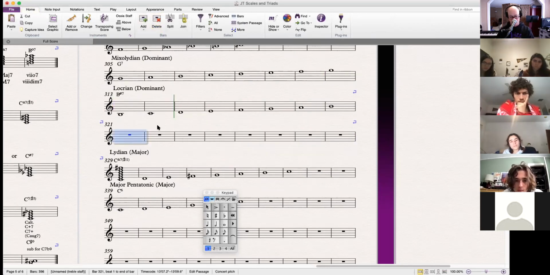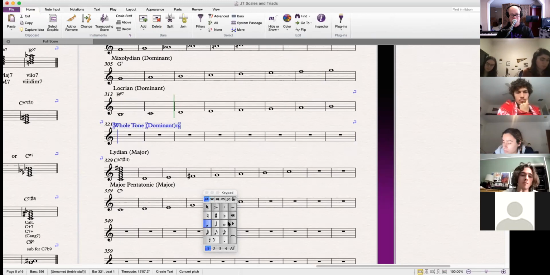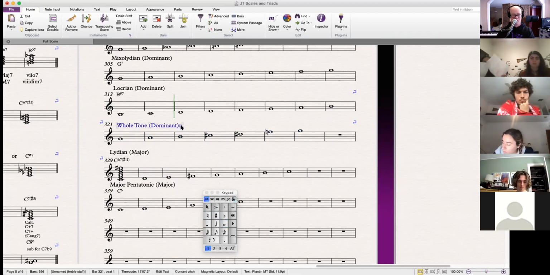Okay. Here's one we did a couple days ago. I introduced to you. It's the whole tone scale. Remember that? Whole tone scale. And I'll just tell you up front, this belongs to the dominant family. We'll see why here. Let's do it in the key of C. Since it's a dominant, I'm going to start on G. All right.